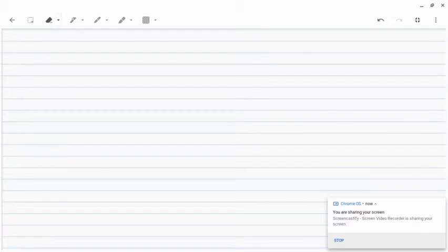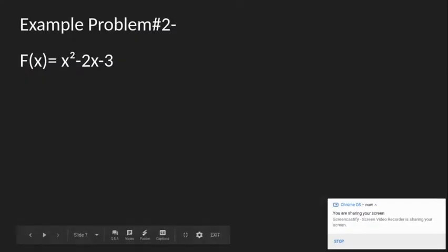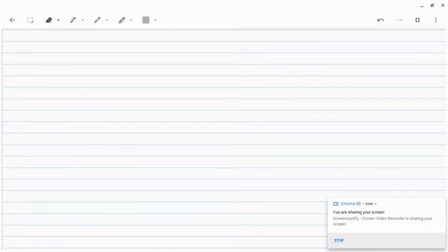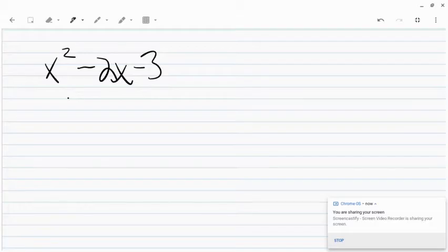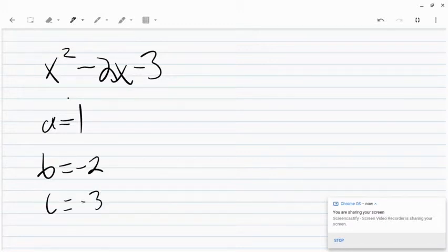Okay, so you do the same thing, you label A, B, and C. And you can write down x squared minus 2x minus 3. A equals 1, B equals -2, and C equals -3.